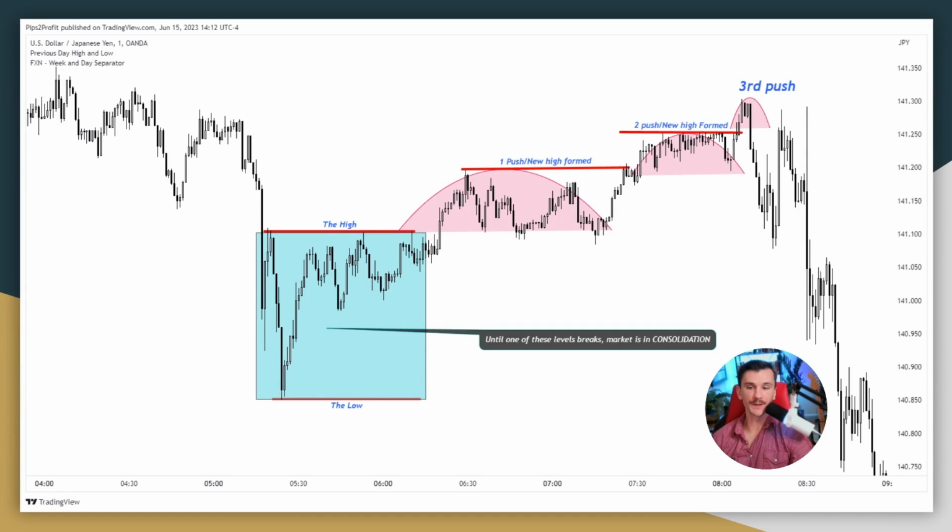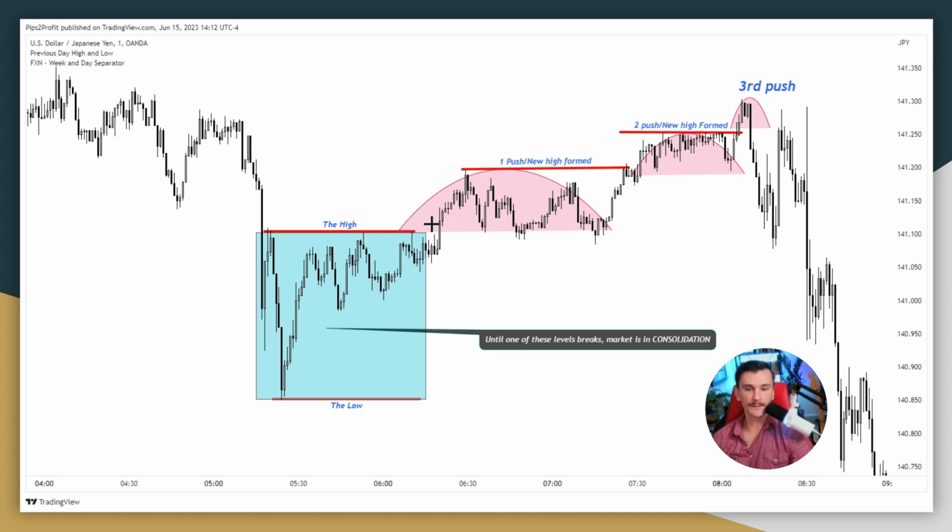Here's an example of coming out of consolidation in 3 pushes, which was likely a larger time frame pullback and then resuming that trend after they've completed the pattern. We were in between a high and a low. Notice that they had a low here. They pulled back in 3 candles and then went lower. So they made a lower low, making this a consolidation.